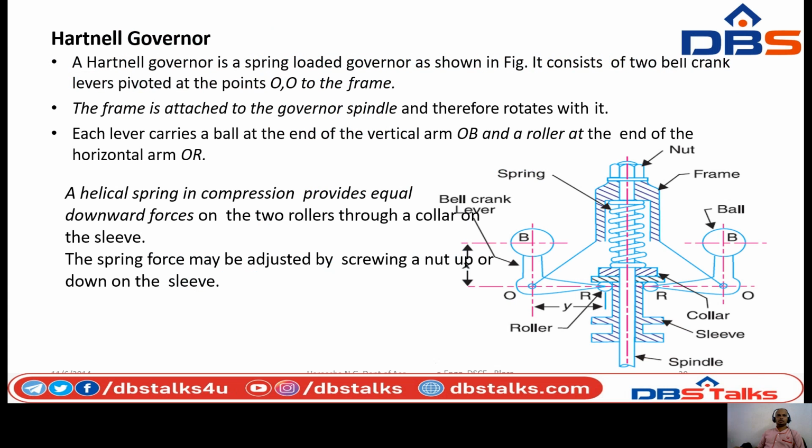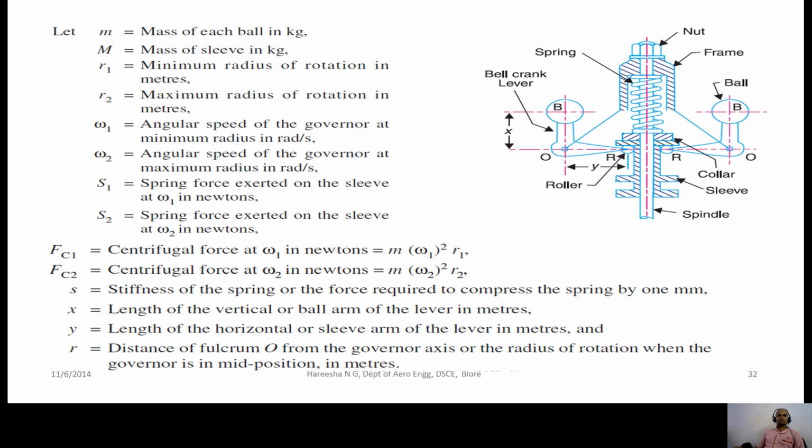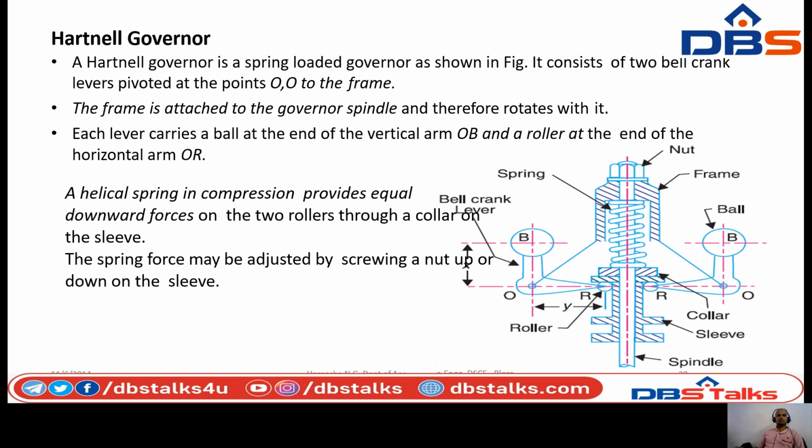So, this is the Hartnell governor. It is a spring-loaded governor. It consists of two bell crank levers which are pivoted at the two arms. The helical spring in compression provides an equal downward force on the two rollers through a collar on the sleeve.